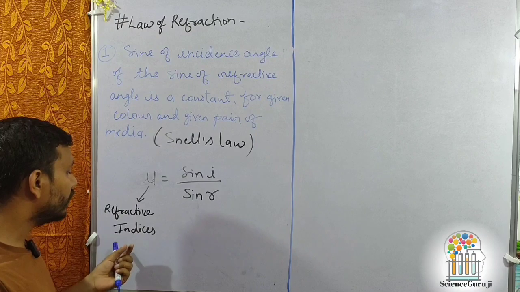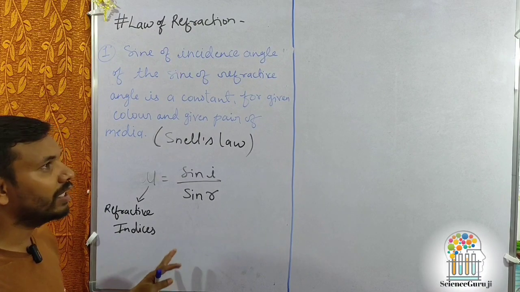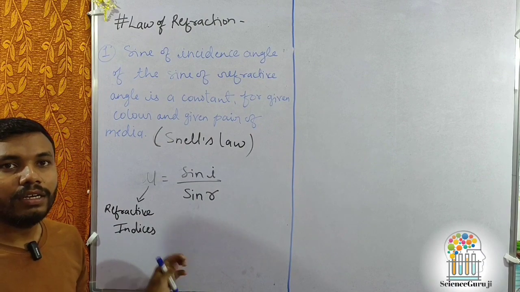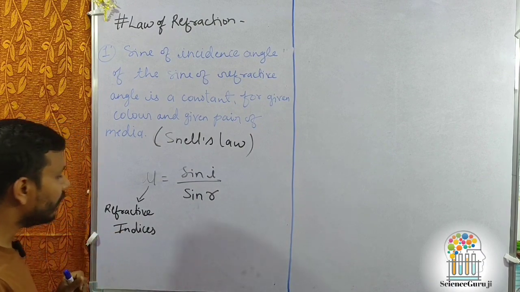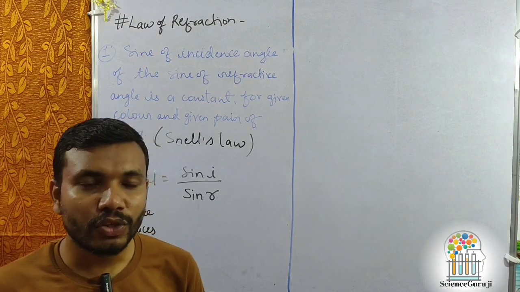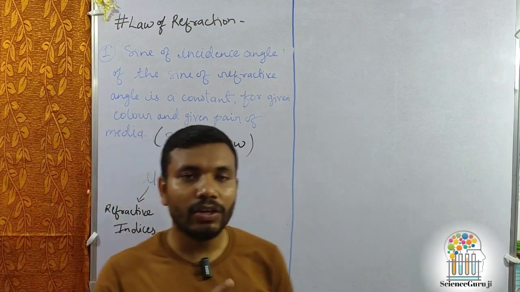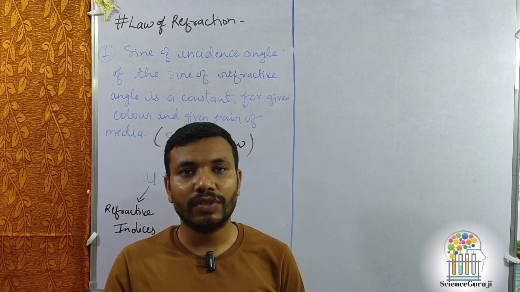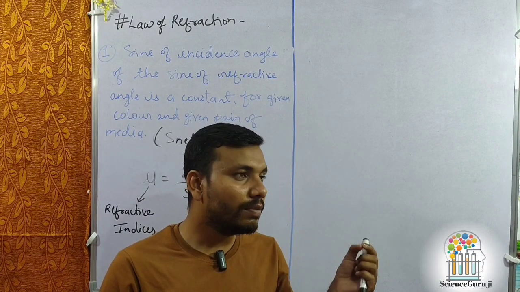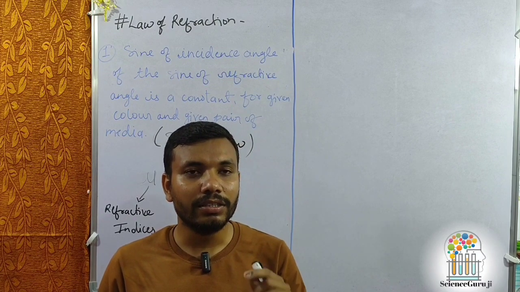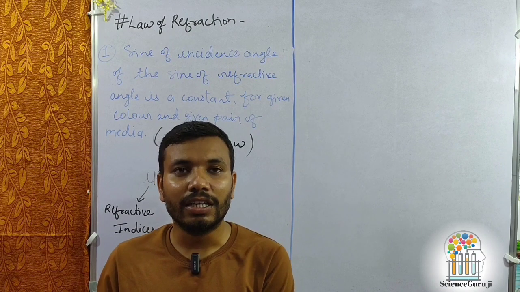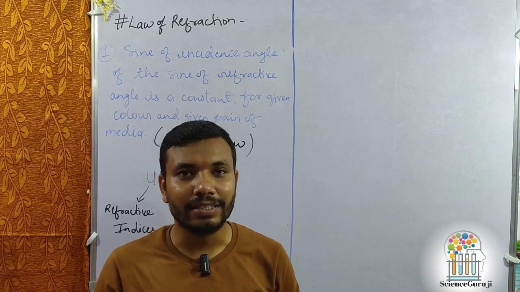So the first law states that the ratio between the sine of the incident angle and the sine of the refracted angle remains constant. It means if the incident angle increases, then the refracted angle also increases.